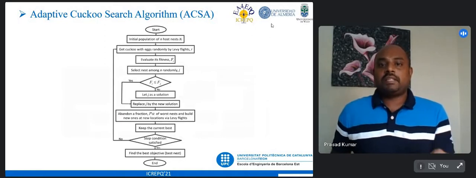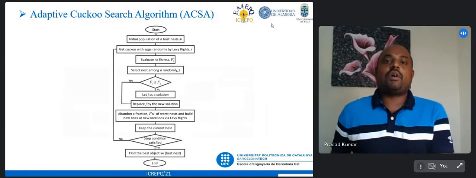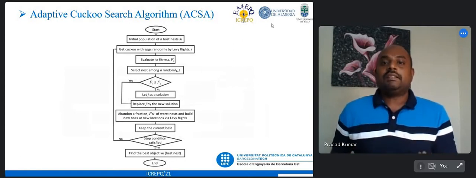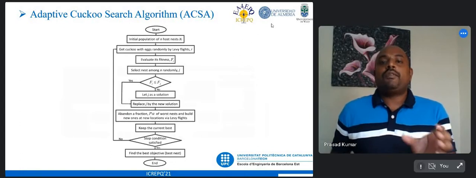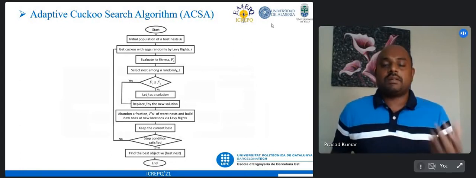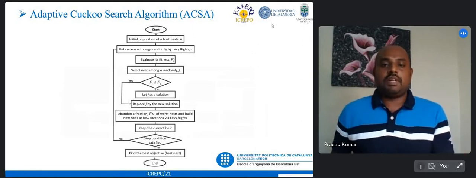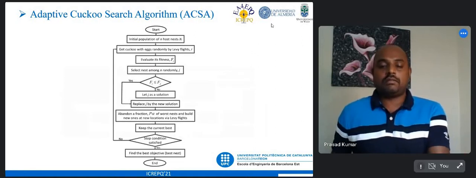Once the egg is placed in the nest, it checks whether the quality fitness of the new egg is better than the host bird's egg. If so, the new solution is taken; or else the host bird builds a new nest, and we check the best quality of the egg. We compare with the best one and give it to the solution as the best egg.